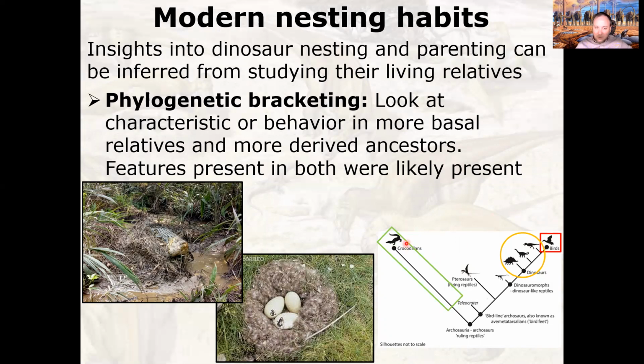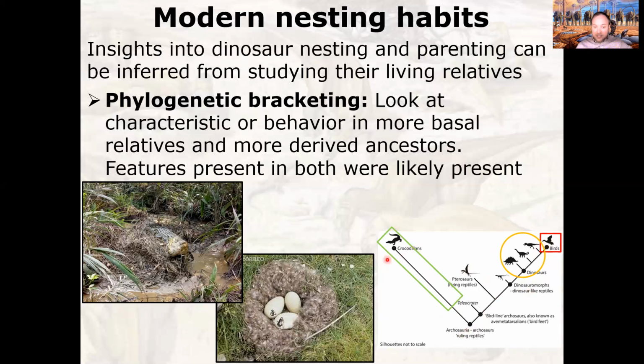But if we take a crocodilian who branched off from the dinosaur lineage very early on in their evolutionary history, and we take birds that branched off from dinosaurs very late in their evolutionary history, dinosaurs fall in between. And so if there are features that are present in the more basal form and the more derived form, it's very likely they were present in the forms between.